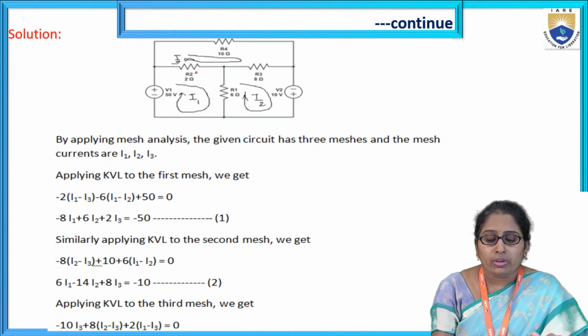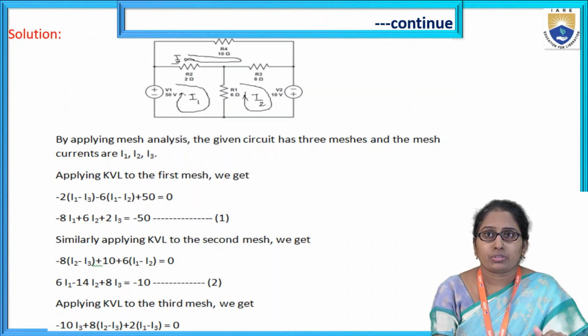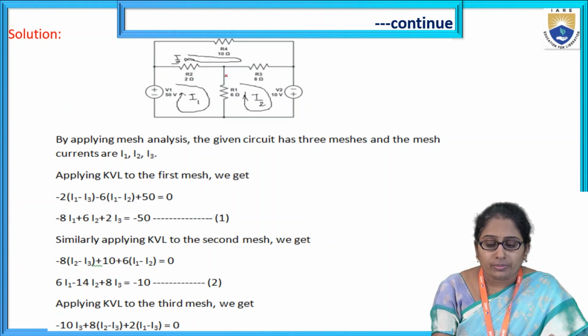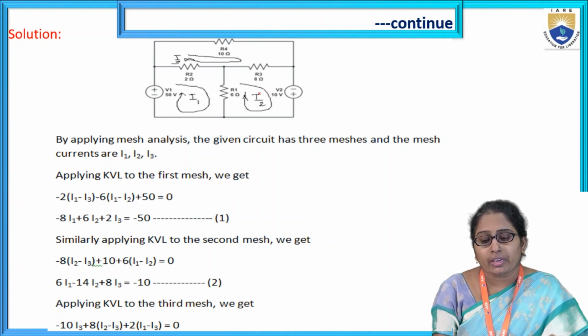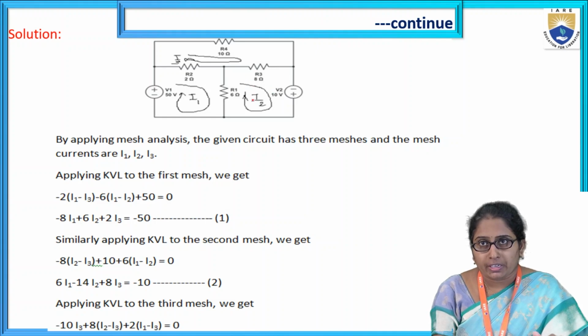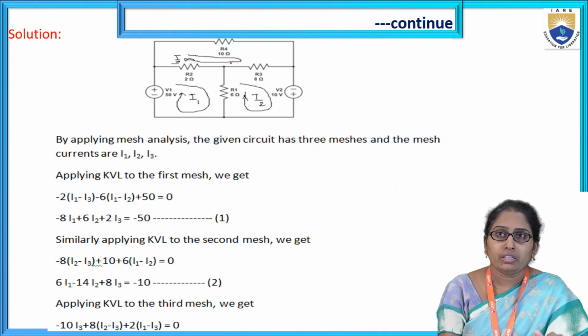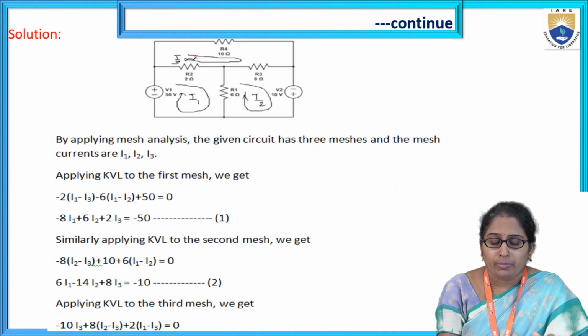The definition is clear: a closed path without any closed paths inside it. This is one mesh with no closed path inside it, and this is the second mesh, mesh 2, with no closed paths inside it. Then the upper one is mesh 3.